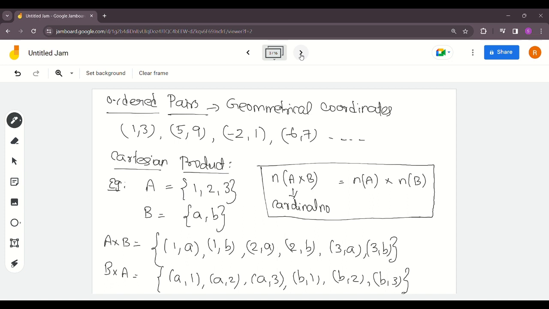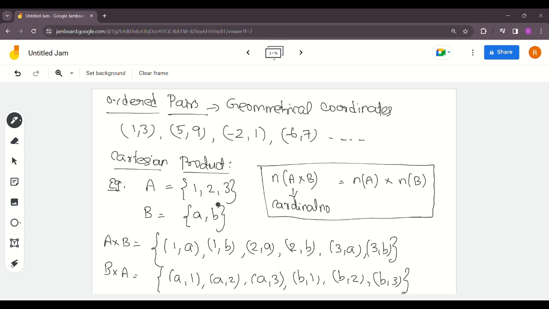I have given two sets: set A consisting of 3 elements, 1, 2, 3, and set B consisting of 2 elements, a and b. Now, A cross B, that cross is the Cartesian product. If it is A cross B, you write all the elements of A first, 1, 2, 3, then cross {a, b}, and then apply the distributive property, which you learned in your lower classes.